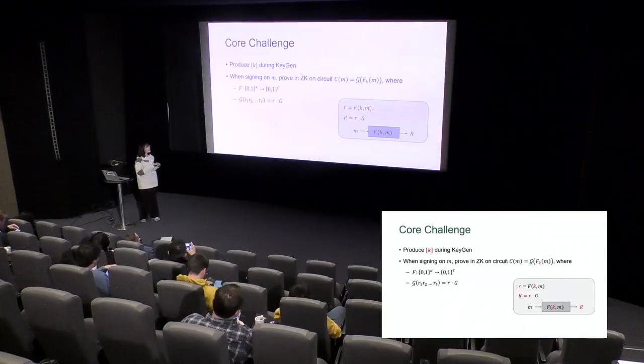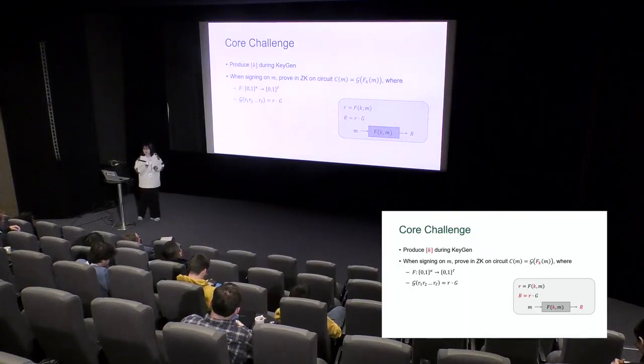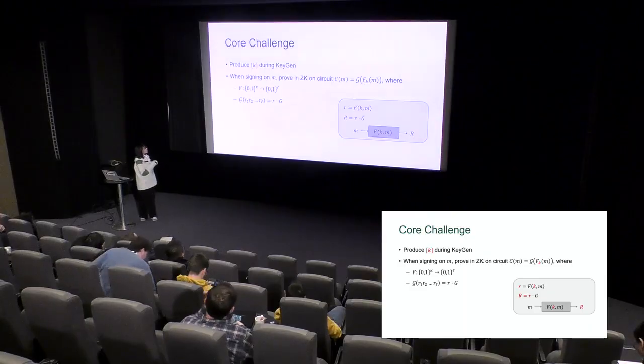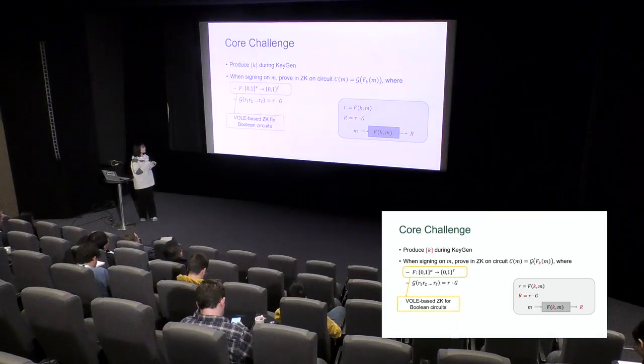So the core challenge is to construct such a protocol that has each party produce the authenticated party seed in the key generation, and subsequently they can prove in zero knowledge the computation of the seed circuit of the pseudorandom function and the circuit G. We first prove the Boolean circuit of the pseudorandom function with an MPC-based proof system.